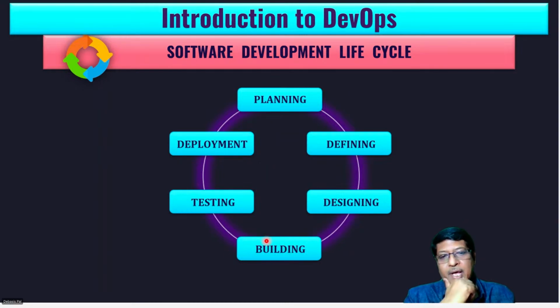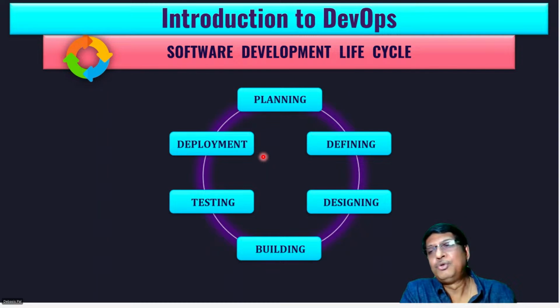The implementation will start happening, but that build has to be tested. This is a very important function. This is part of the quality team. The quality of the product has to be verified and proven. Unless and until you pass this testing, it should not go to the deployment phase.